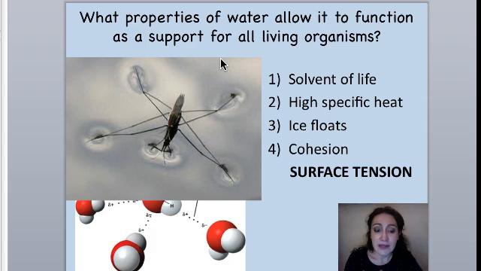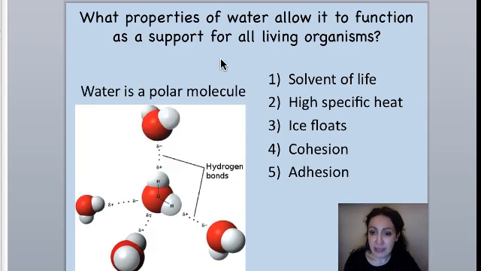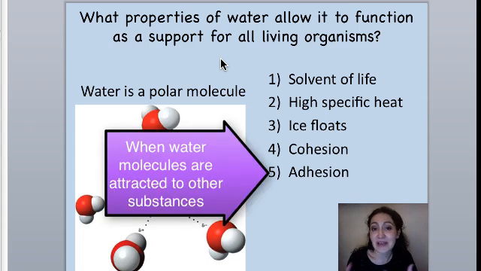All right. The next property is something called adhesion. Adhesion and cohesion play on the same property of water, in the sense that they are both about water being sticky. Adhesion refers to when a water molecule sticks to something else that isn't water, such as an organic substance like a paper towel.